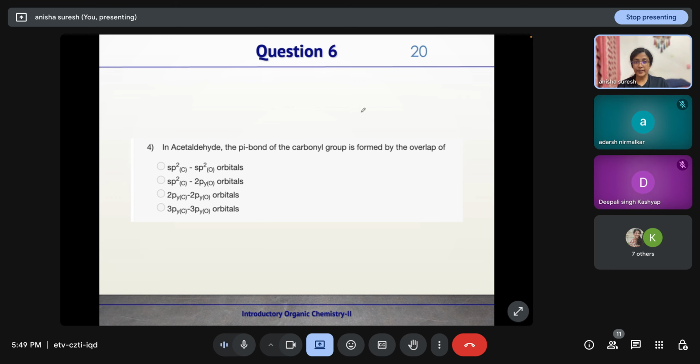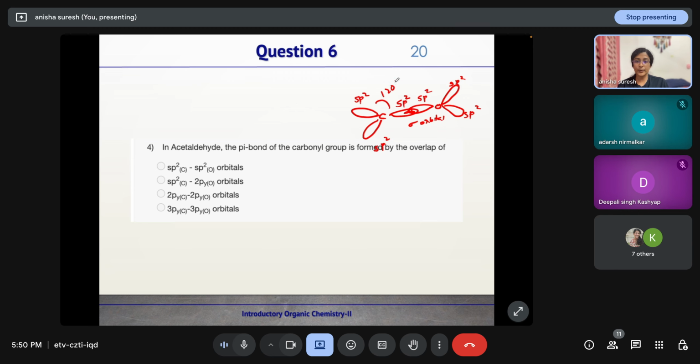So if we are having, see, this is carbon, oxygen. These are the sp2 hybridized orbitals of carbon and oxygen, so they will overlap, leading to formation of the sigma bond.